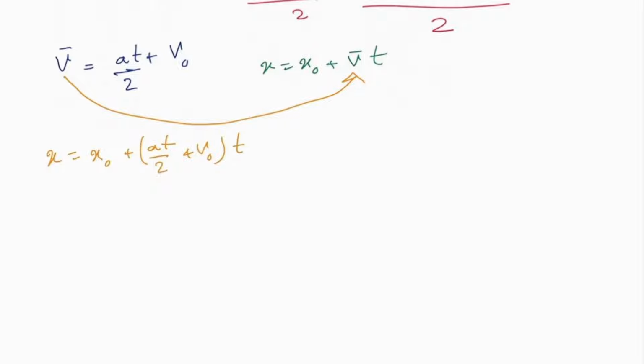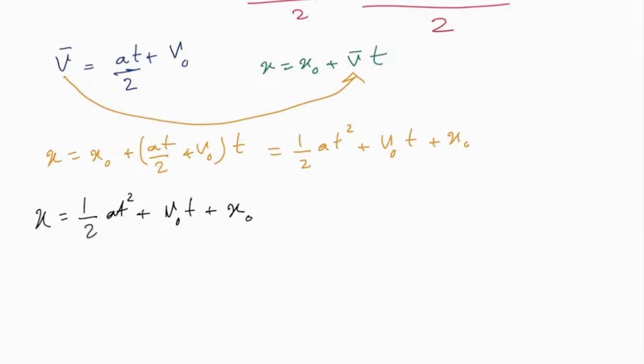And that would be 1 over 2 at squared plus v0t plus x0. So this is our new expression. The final position is half of at squared plus v0t plus x0.